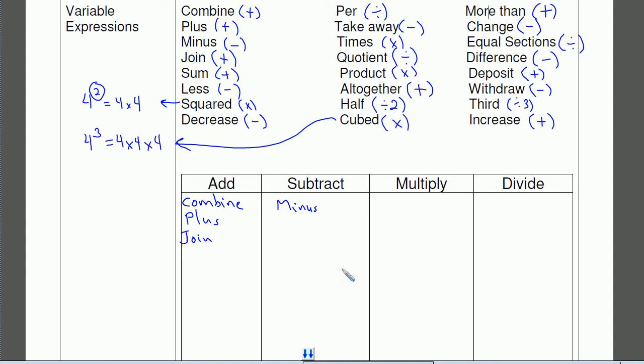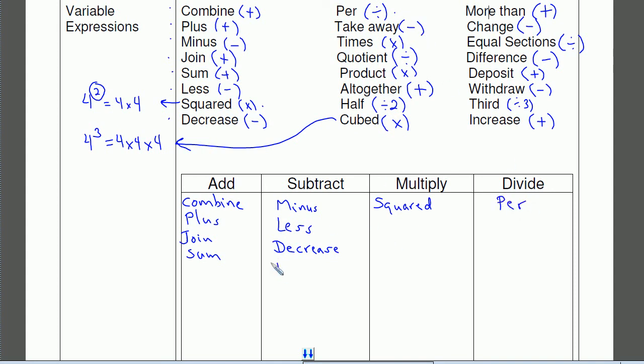So now we can put them all in here. So we left off in join. So we have combine and plus and minus and join. Now sum also goes right here. Less. Squared, we said that means multiplication. So squared goes here. Decrease, that means subtraction. Per, that means division. So we're going to put per right here.